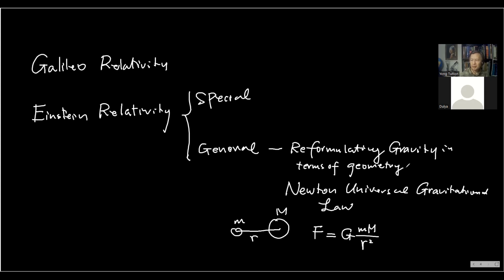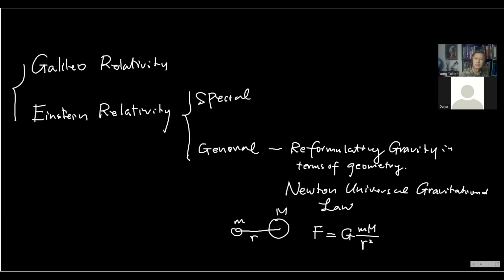If you have a chance in the future, we can discuss general relativity, but certainly that is not what we're going to study. So return to these two. What is the difference between Galileo's relativity and Einstein's special relativity? That is something we need to know.